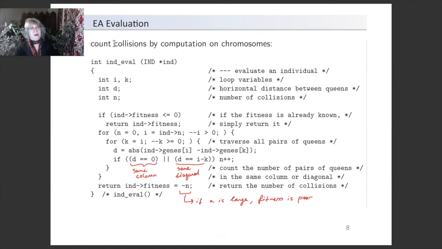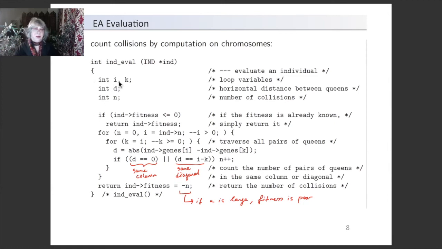Now we are counting collisions by computation on chromosomes. This is the function individual evaluate. We have a pointer of type individual. So this is the individual pointed by this pointer that we are trying to evaluate the fitness.